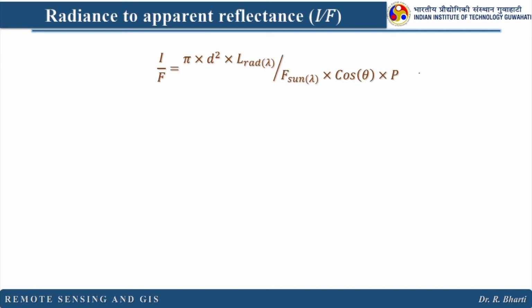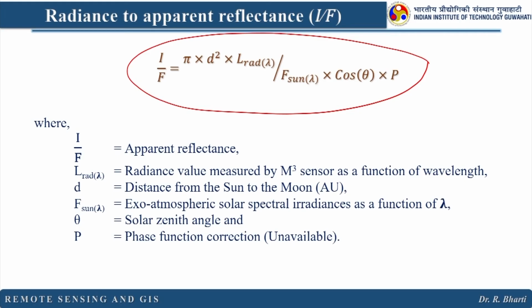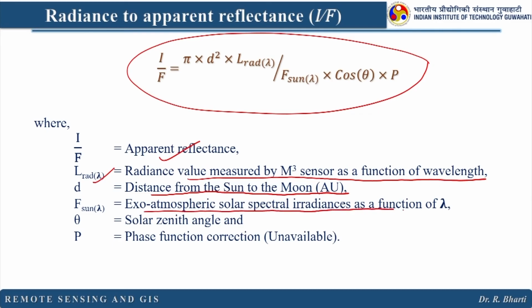That is calculated using this particular equation, right, where I by F is apparent reflectance, L rad lambda is the radiance value measured by the M-cube sensor as a function of wavelength, d is the distance from the sun to the moon in astronomical units, F sun lambda is the exoatmospheric solar spectral irradiance as a function of lambda, theta is the solar zenith angle, and p is the phase function correction, which is unavailable for this particular data, right?